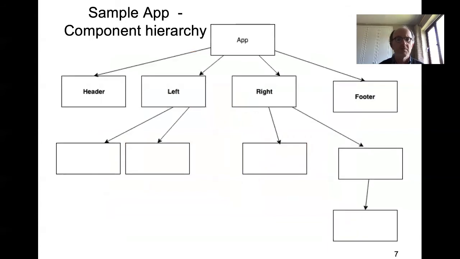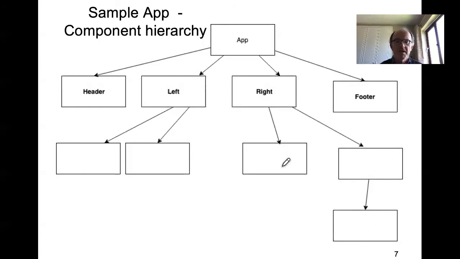I didn't fully label this hierarchy, and some of the labels wouldn't really be very good component names, but they serve the purpose of relating this hierarchy to the previous screen. So I'm hoping that you will understand that, for example, this component here is the one that's going to be managing the display of the list of movies. This component corresponds to rendering one movie in the list.